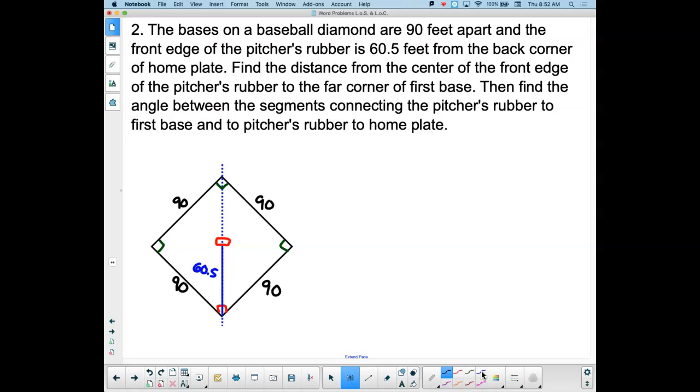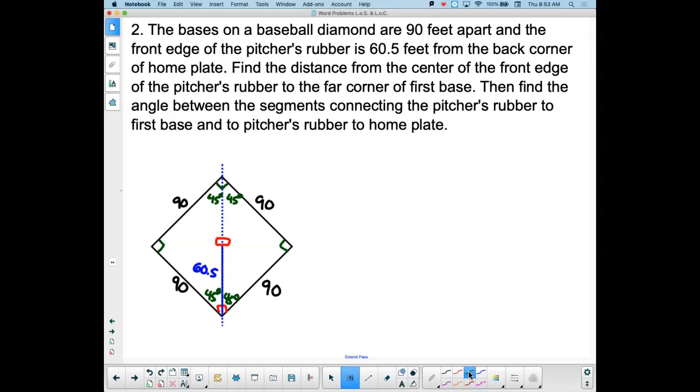But more importantly, this angle here is 45 degrees. That angle there is 45 degrees. This angle here is 45 degrees. And this angle here is 45 degrees. Right?